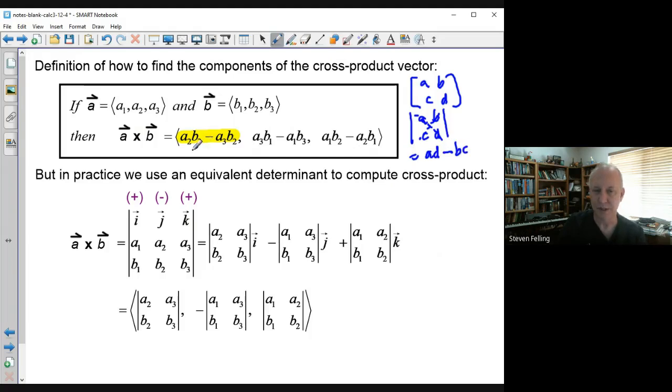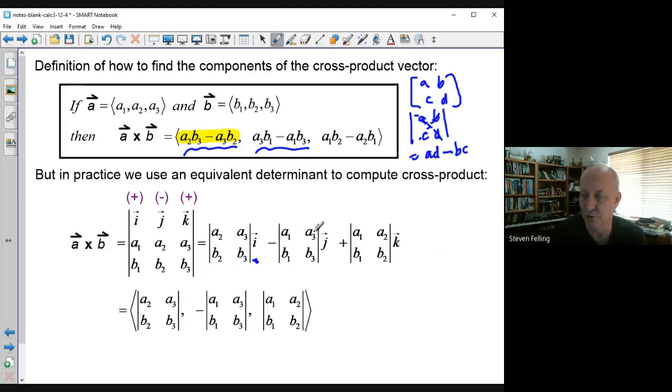And because these happen to be in this form, what you can say is the x component of this vector is like the determinant of the matrix A2, A3, B2, B3. And the same thing, this is the determinant of a 2x2 matrix here.